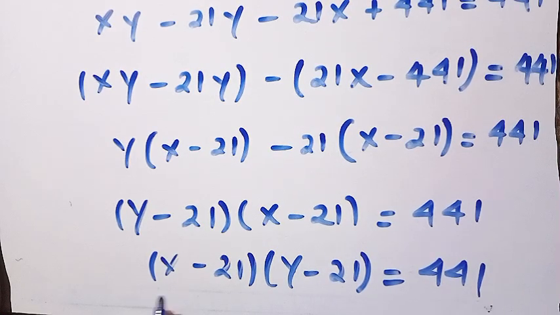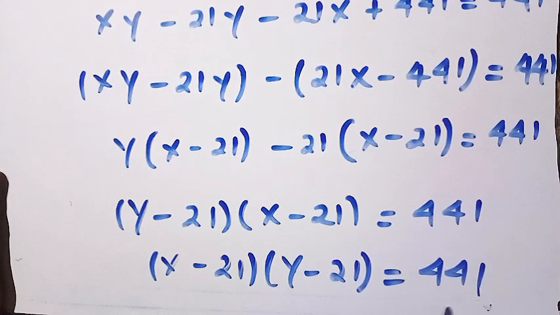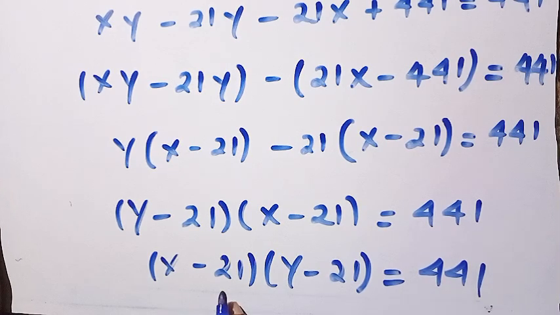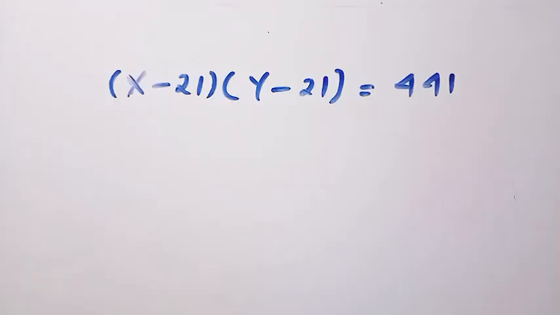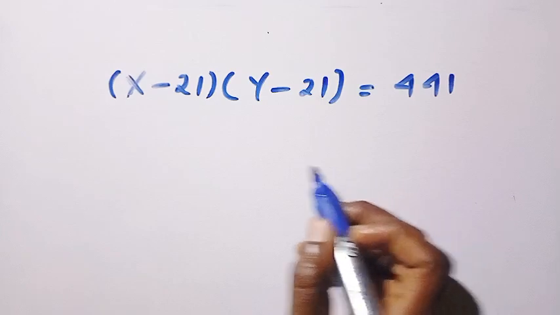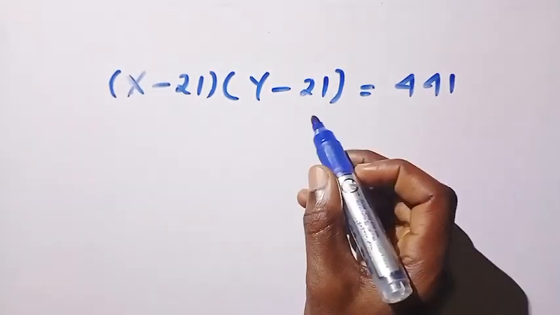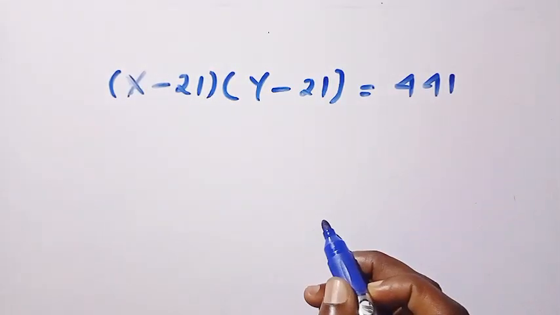So we have to find the values of x and y that satisfy this: x minus 21 multiplied by y minus 21 equals 441.